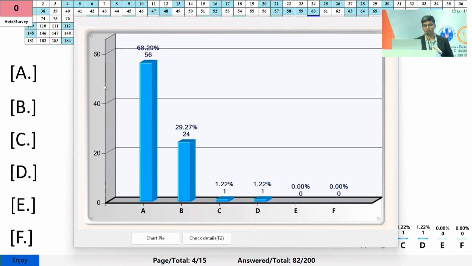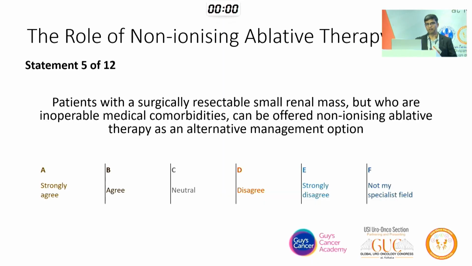Next, patients with surgically resectable small renal masses but who are inoperable because of medical comorbidities can be offered non-ionizing ablative therapy as an alternative management option.